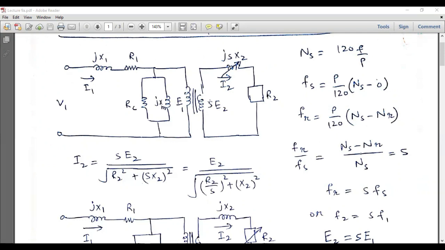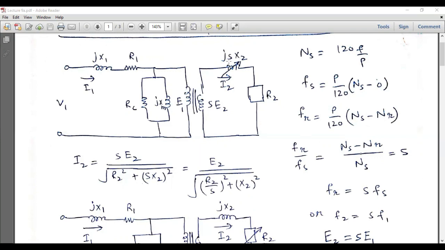So if we consider the same frequency across this whole circuit, then we have to write this S separately. If the frequency is considered to be F1 over here, we have to write SF1 over here. So when we take S as common, this reactance will become jS omega into F1.